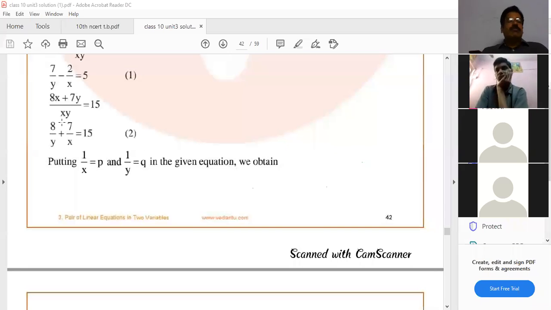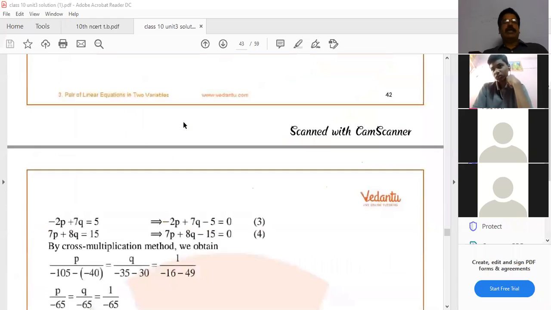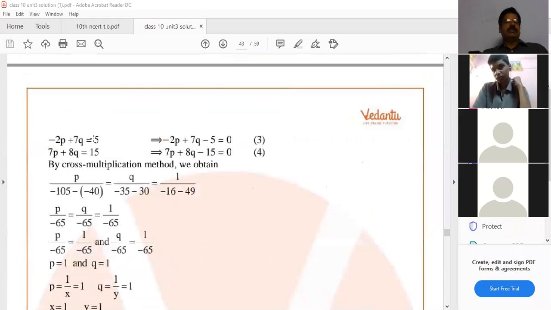Now, 1 by x is p and 1 by y is q. Then my equations are 7 by y means 7q minus 2p equal to 5. Here, 8q plus 7p equal to 15. This is my obtained two equations.